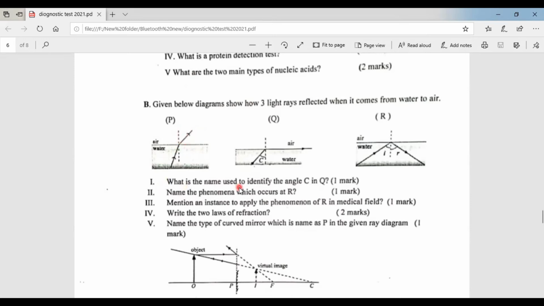What is the name used to identify the angle C in Q? In angle C, you can see the refracted ray is going along the surface. So this angle C should be the critical angle.